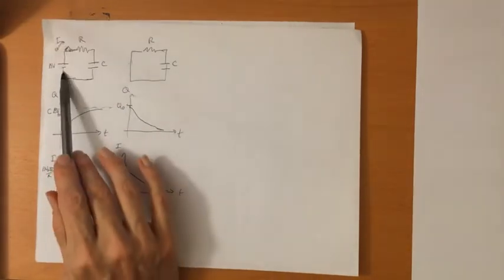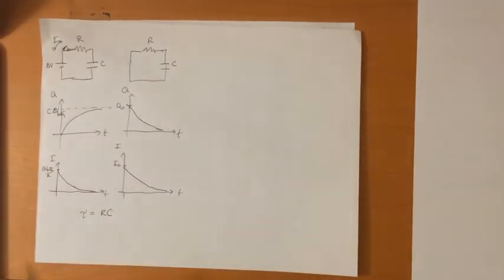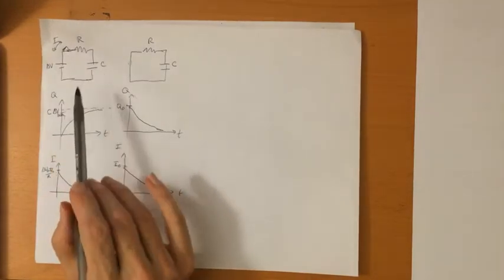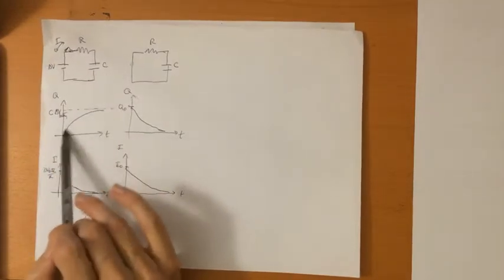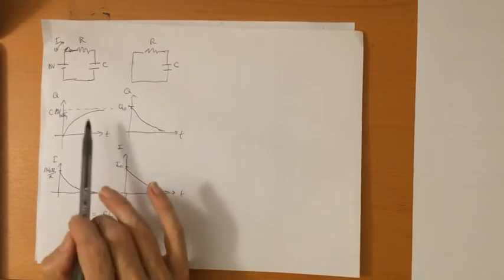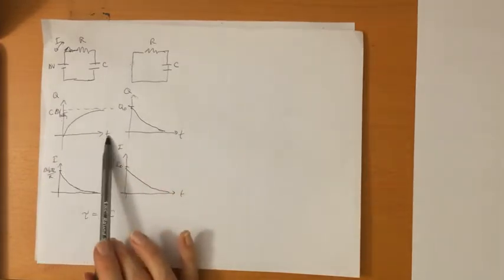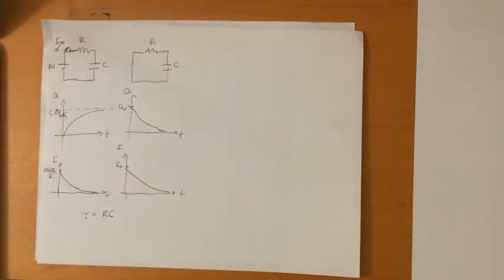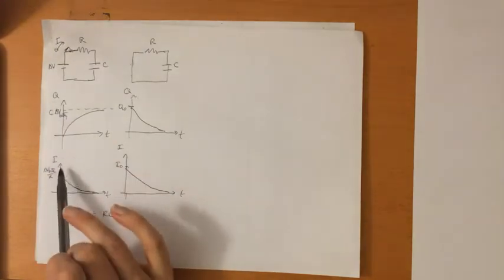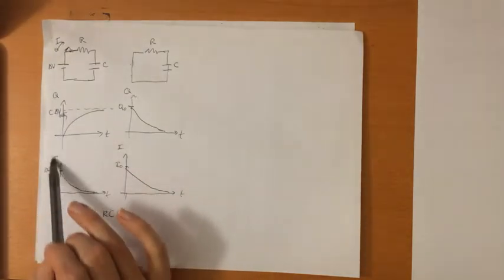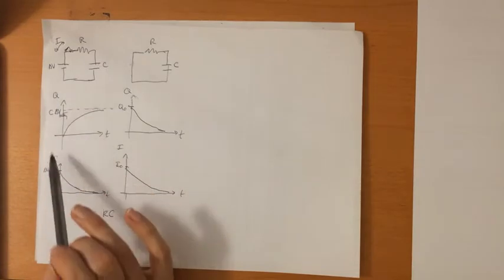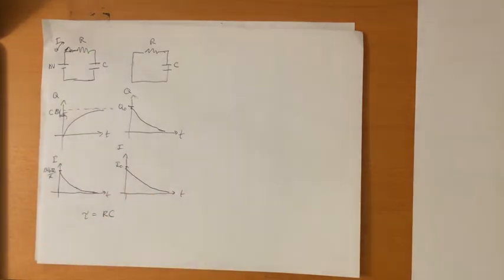Now, if we actually try to set up this circuit and measure these curves, the easiest way to measure anything as a function of time is to use the oscilloscope. But remember, the oscilloscope can't directly measure charge on a capacitor plate or current running through a circuit, but it can measure voltages. So we translate this into voltages.